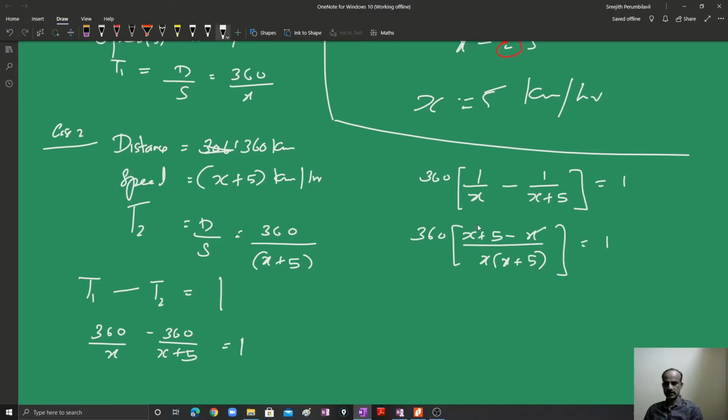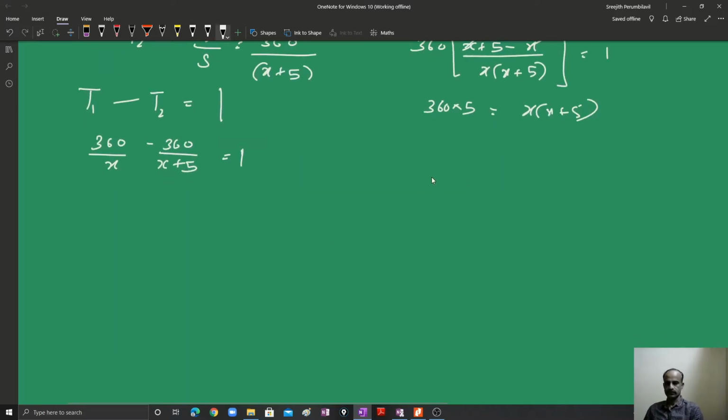x and x cancel. So 360 into 5 is equal to x into x plus 5. So 360 times 5 is 1800, which is equal to x square plus 5x.